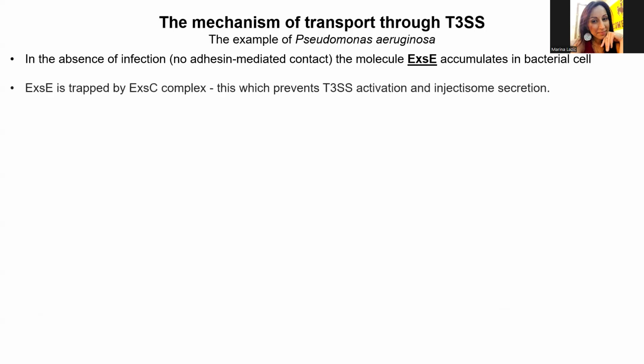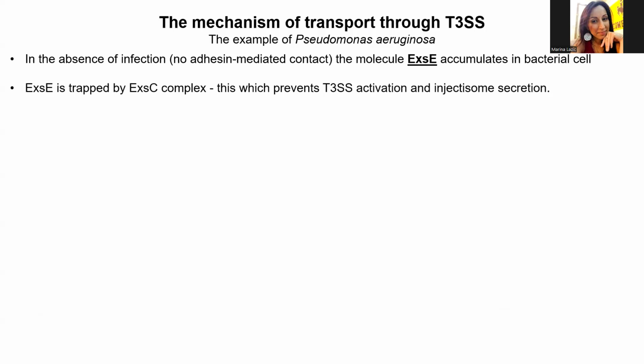So when there is no infection, there are not going to be adhesins in the bacteria secreted, and then this XE molecule is going to accumulate in the bacterial cell. And I will make analogies because it's going to be easy to memorize. Think about XE protein, when there is no infection, being trapped in a bad relationship with XC.